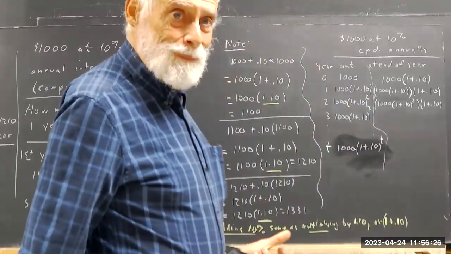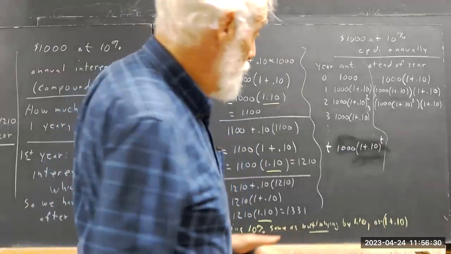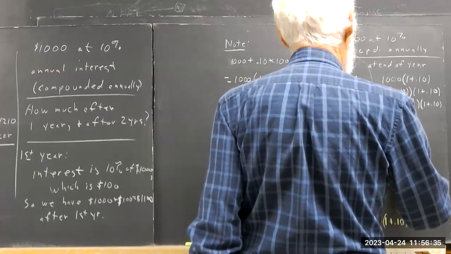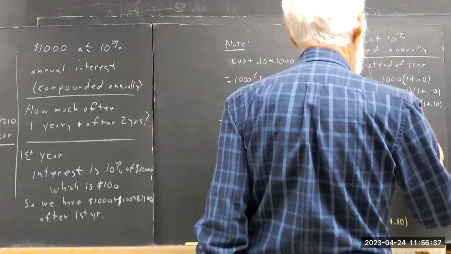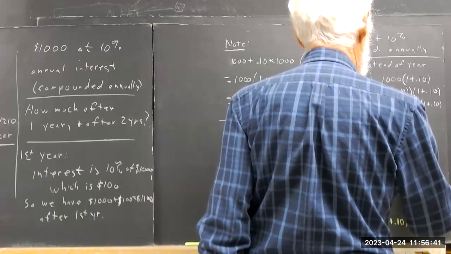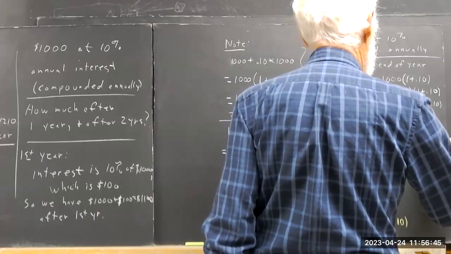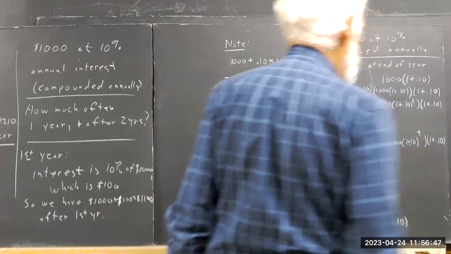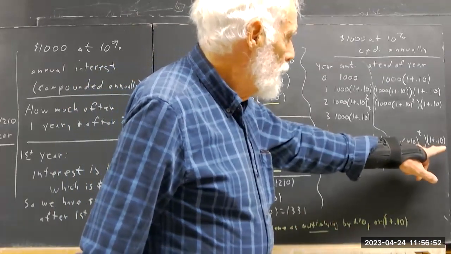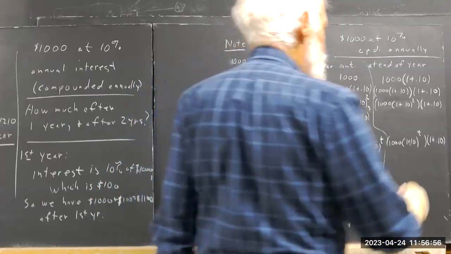It's this. Now, I was going to go on and write out the expression for the end of the year, and that would be writing it out completely: the amount at the beginning of the year times (1 + 0.10).